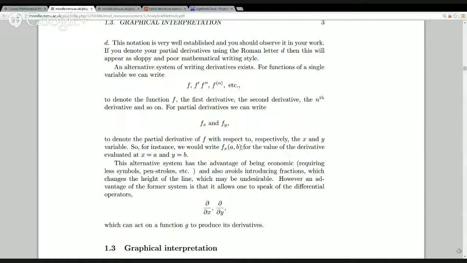So f sub x at (a,b) stands for the partial derivative evaluated at (a,b), whereas using the other notation, you have to say ∂f/∂x, maybe then evaluated at (a,b), or else you say ∂f/∂x in a straight line and put (a,b) down here. It's a bit more awkward. So that's the advantage of the subscript notation.